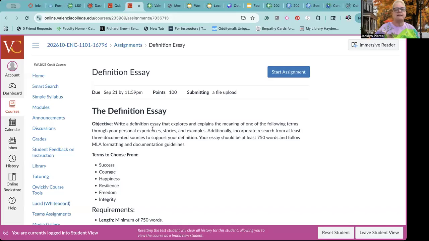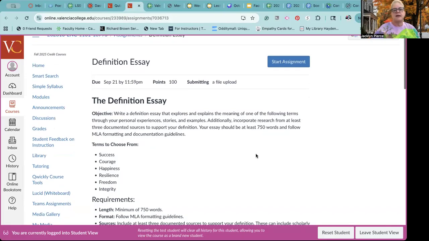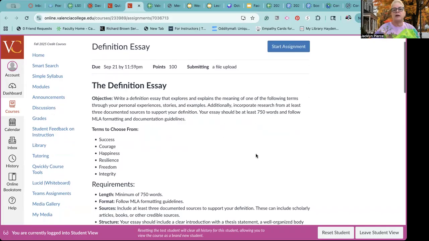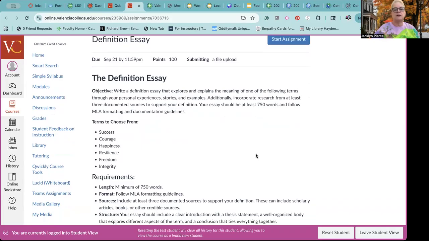So let's look at the assignment for the definition essay. Write a definition essay that explores and explains the meaning of one of the following terms through your personal experiences, stories, and examples. Even though you are going to be using research for this paper, and you're probably going to be looking up words and using definitions and things of that nature, the bulk of your source is you still.